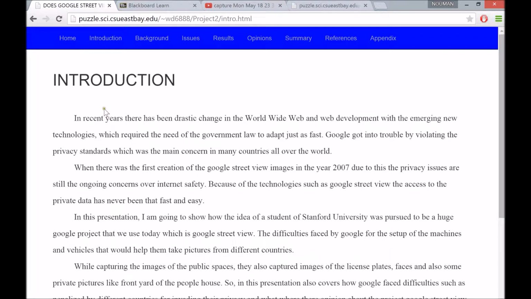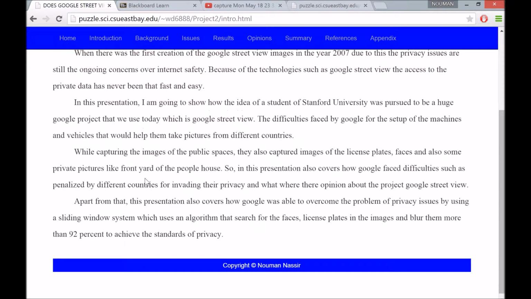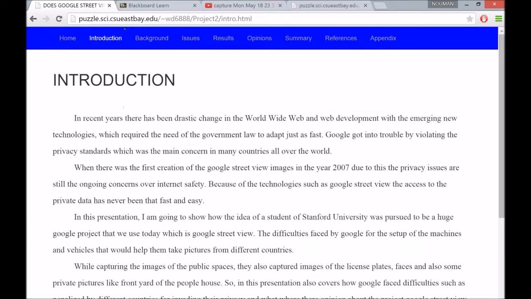So I'm going to discuss how Google was initiated when a student was doing his experiment at Stanford University, and how the experiment was changed into the actual project which we use today, Google Street View, and what procedures they followed to capture pictures of different locations, and apart from that, how Google has overcome the problem of privacy violation.